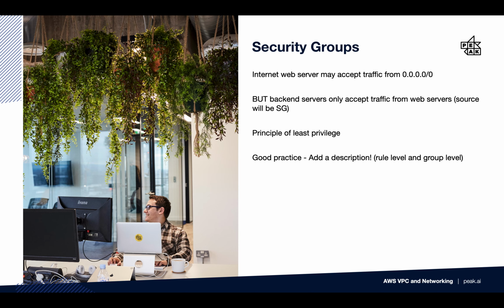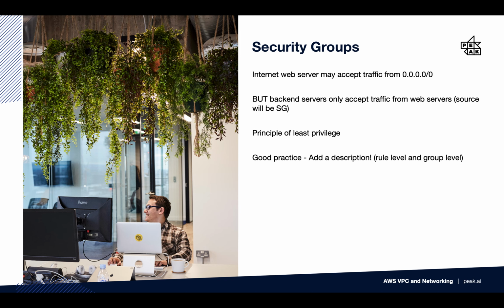We also work with security groups. So just as an example, a web server may accept traffic from the outside world. Okay. Obviously, you'd set it on particular ports, for example, port 80 or 443. But the backend servers should only allow traffic from the web servers.